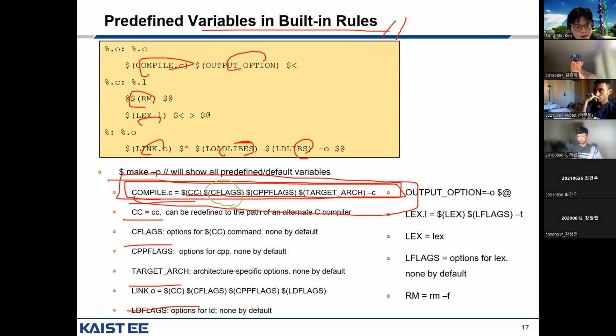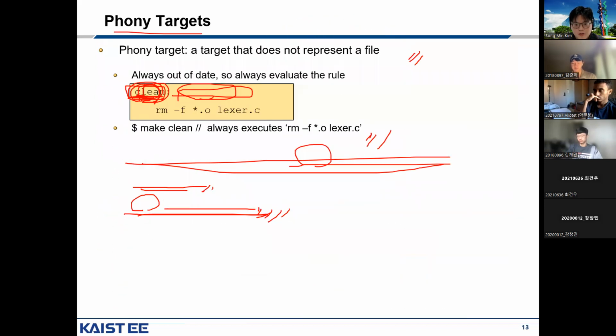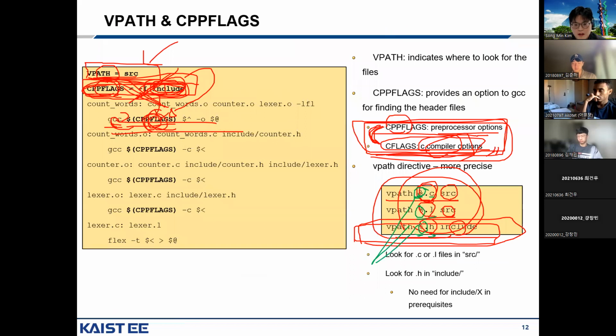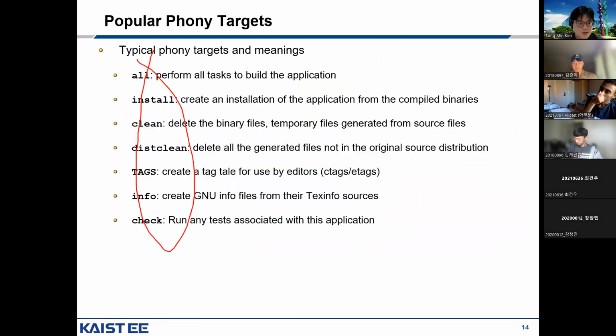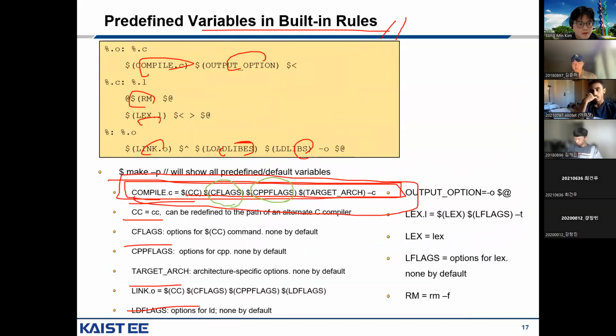One thing to note here is the C flag and CPP flag. As we talked about in the previous slide, the CPP flag is for preprocessor options, which applies to both C++ and C, and the C flag is just for C. As you can see here, we have the C flag, which is for C, and the C++ flags, which apply to both C and C++.